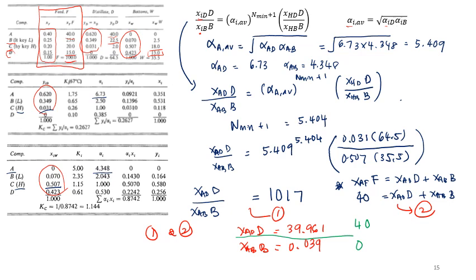So we repeat the same process for component D. Just now we did component A, so now component D. x_DD D over x_DB B equals alpha D average to the power of N min plus 1, multiplied by x_HD D over x_HB B. So now we need to calculate alpha D average.